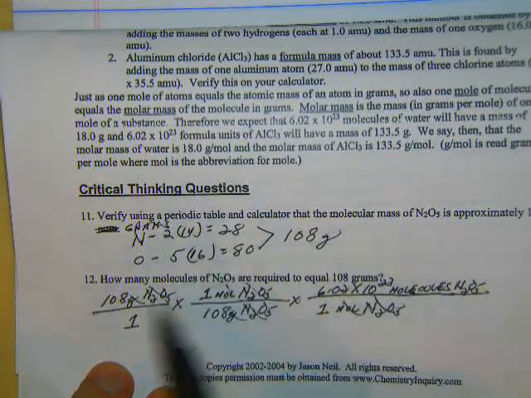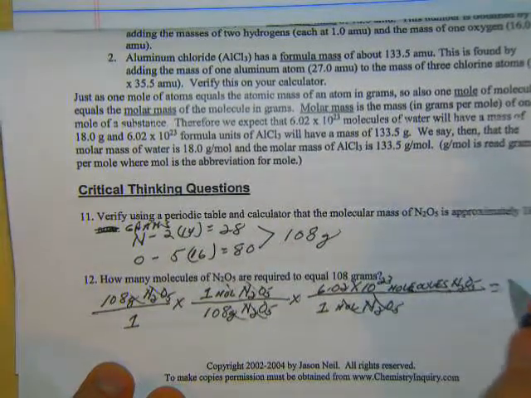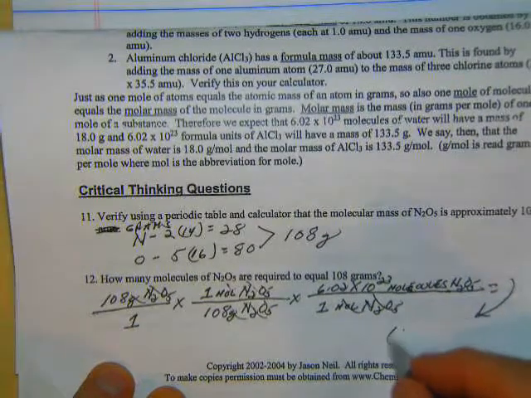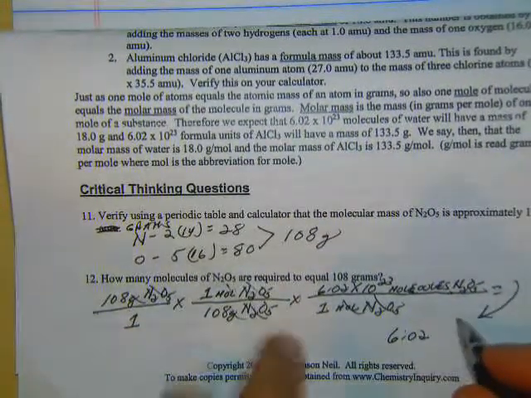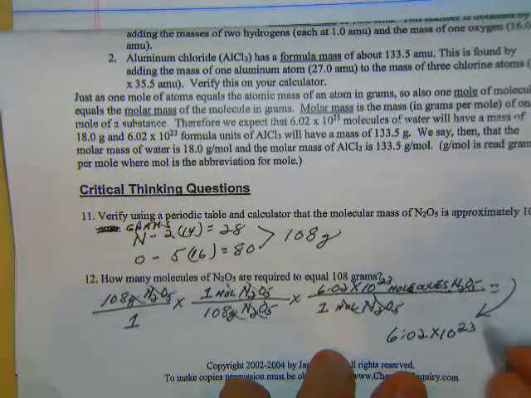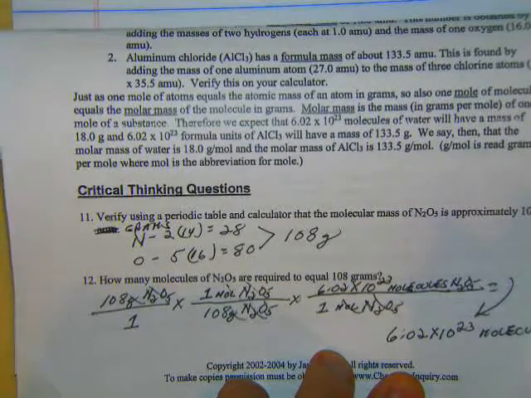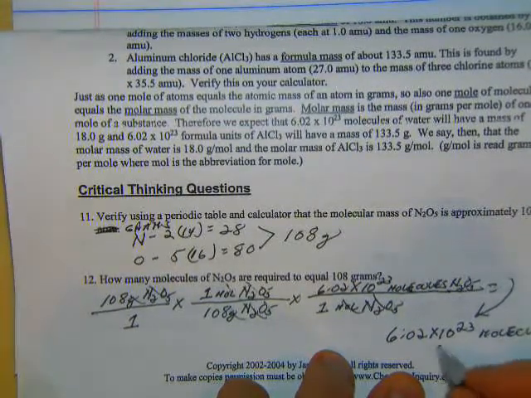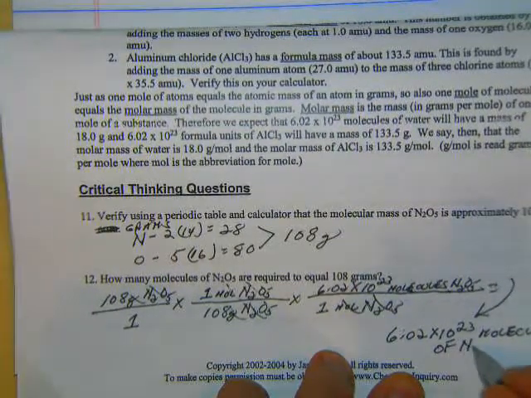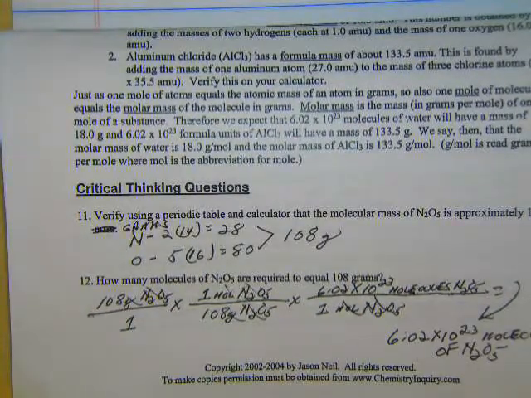As we look at this, 108 divided by 108 is 1. So we're really left with 6.02 times 10 to the 23rd molecules of N2O5. Or in other words, it's Avogadro's number that we're looking at there.